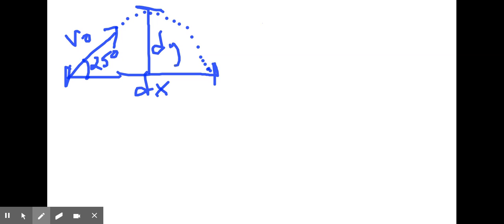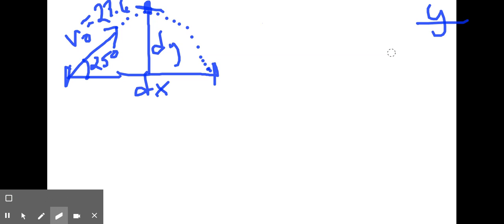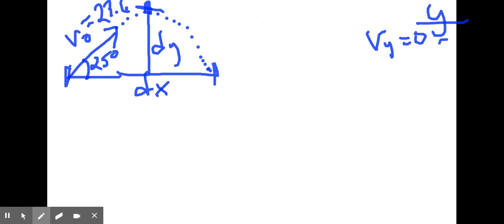There are a lot of things that we actually know here, some little hidden values that they didn't give us. I'm going to write down our value here: 23.6 meters per second. Okay, I'm going to separate my y's over here. We've got Vy equal to 0 at dy max.